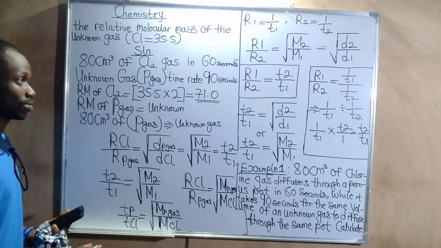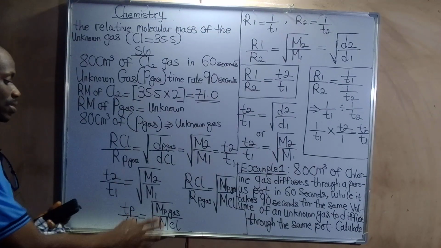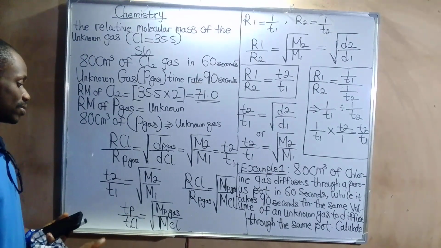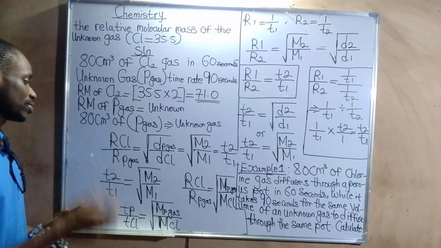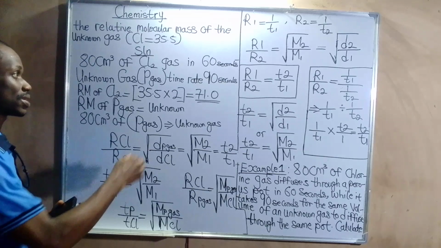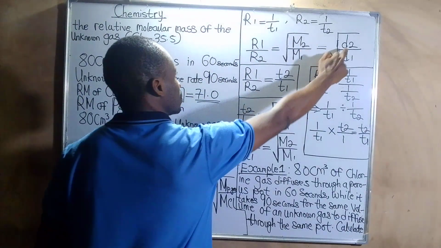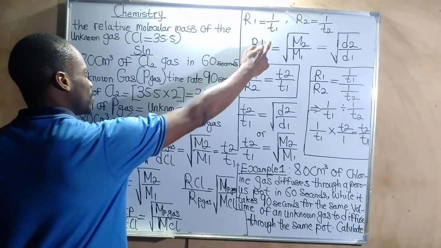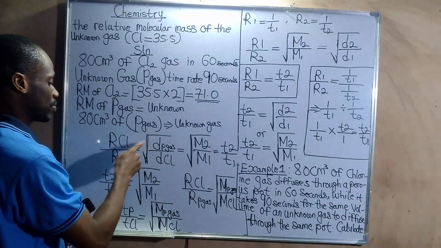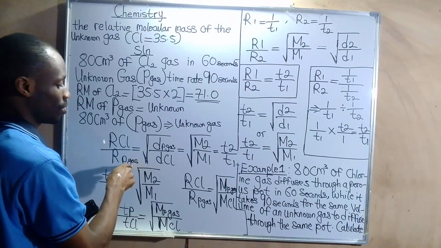Yeah, so you just have to memorize this. Just take a look at it very well. Don't worry, it might look complicated, but it's not that complicated. Remember, before, what was written here was R1 over R2 is equal to D2 over D1. So now my R1, I changed it to what? Rate of chlorine, then rate of the unknown gas.